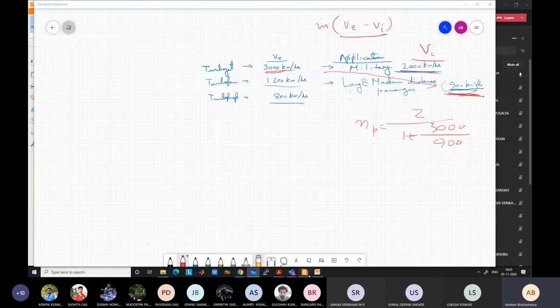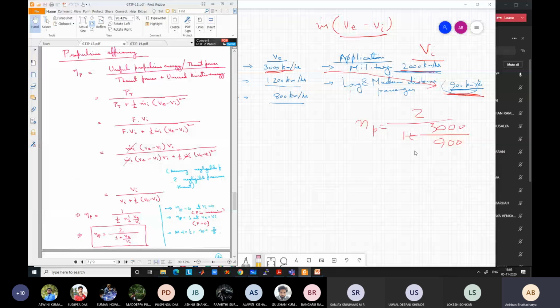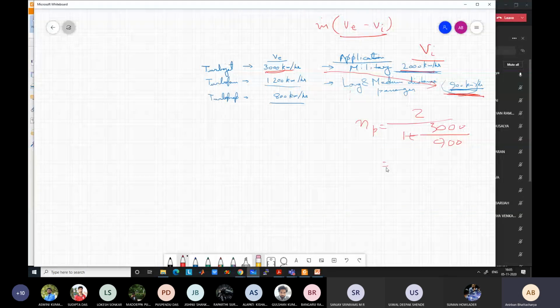So what is the propulsive efficiency in this case? It would have been easier if we had taken it as 1000, but for 900 also it is 10 by 3. So 1 plus 10 by 3, that is 13 by 3. So this is 6 by 13, less than 0.5.